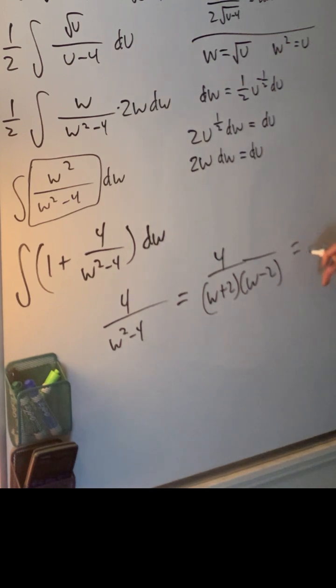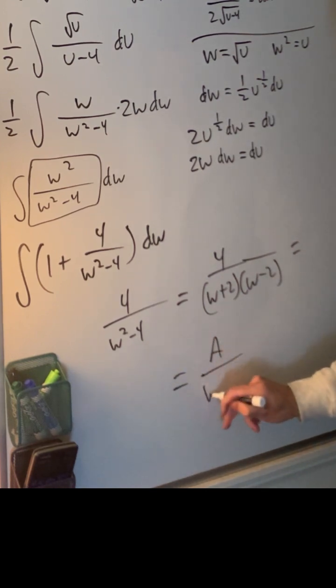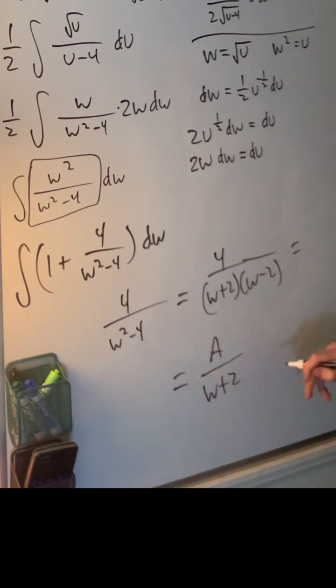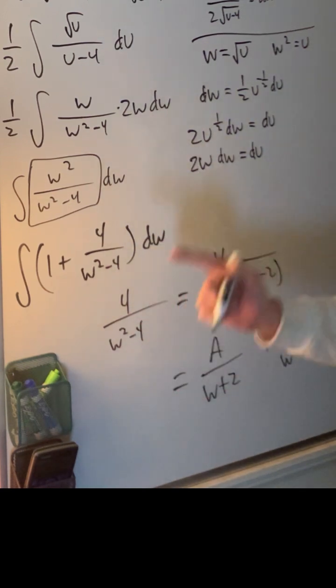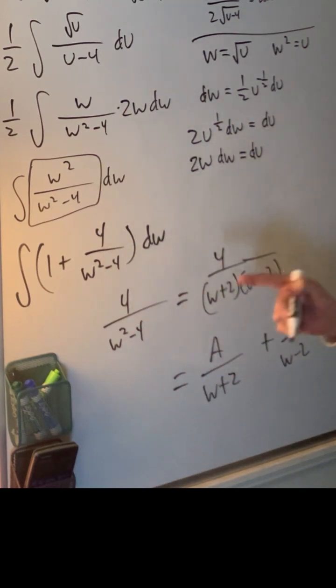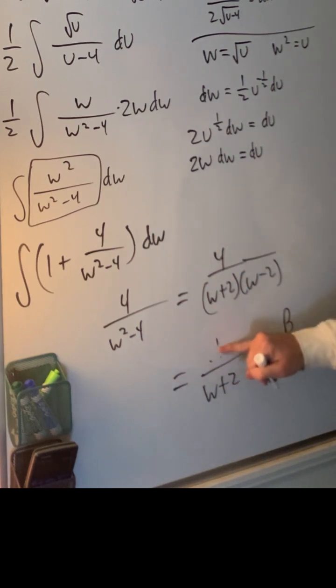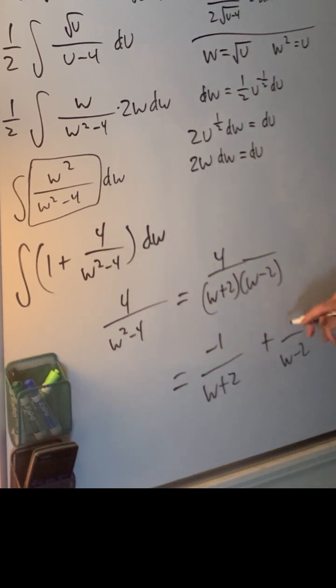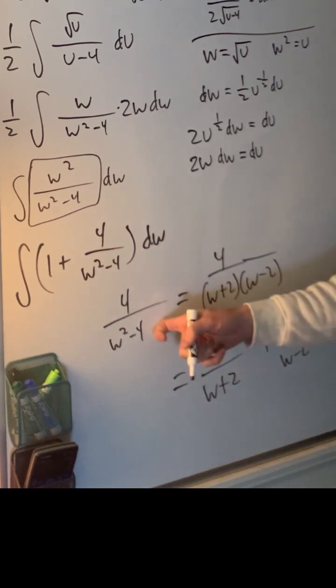And if you let this equal a fraction, a over w plus 2 plus b over w minus 2. If you recall the idea of partial fraction decomposition, you will see that if you solve this equation for a and b, it will turn out that a is negative 1 and b is positive 1. Partial fraction decomposition to go from here to here.